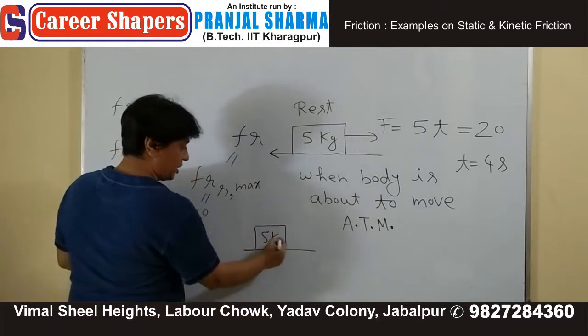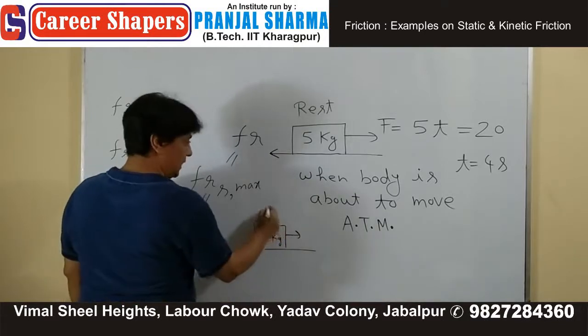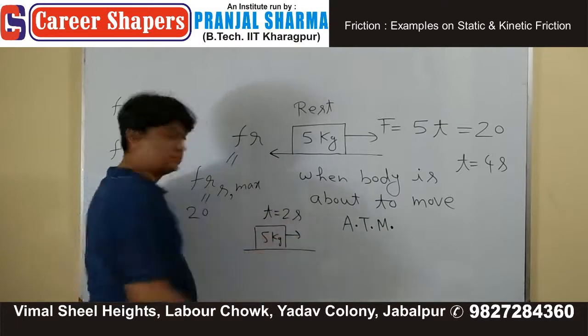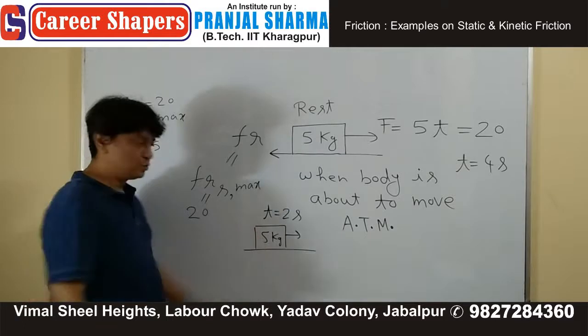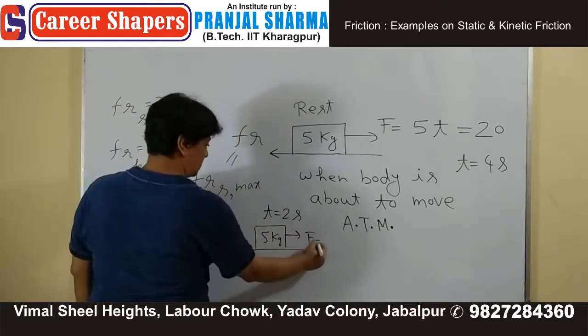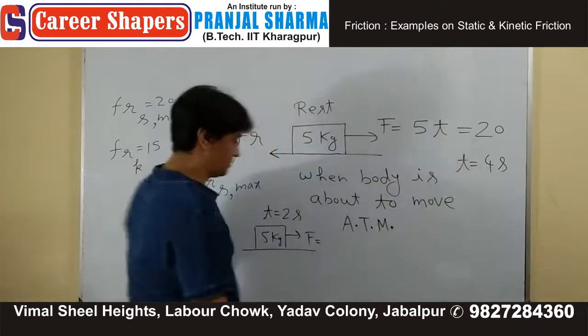Same 5 kg body. अगर आपसे बोला गया होता कि टाइम है हमारा 2 seconds, देखना. If time is 2 seconds, then pulling force is what? 5 into 2, which is 10.